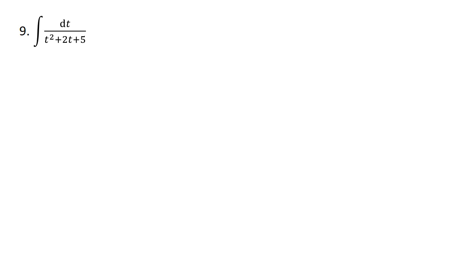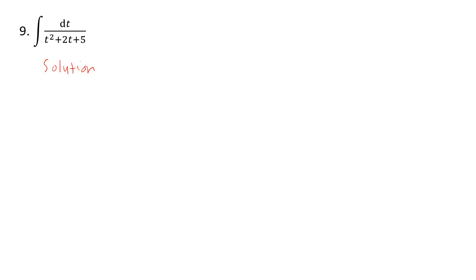Right here on number 9, integral of dt over t squared plus 2t plus 5. You can rewrite this equation into the form for the formula.